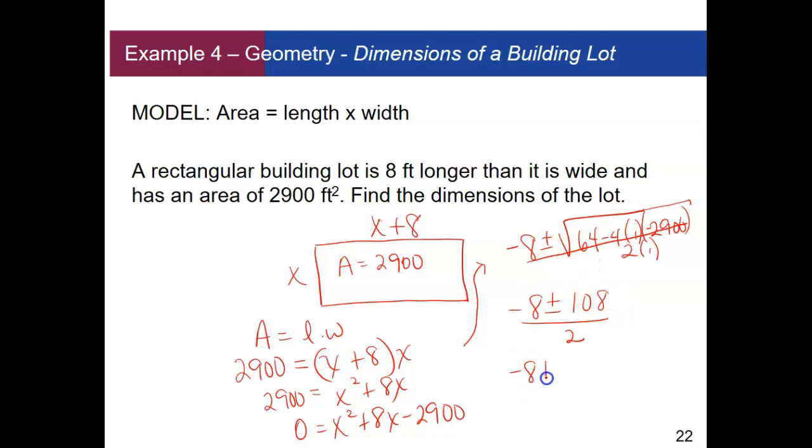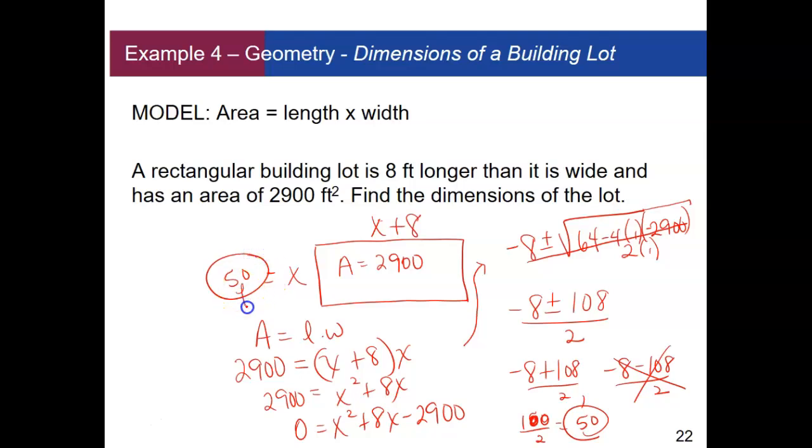So I'll have -8 plus 108 over 2 and -8 minus 108 over 2. So this is going to be 100 over 2, that's going to be 50. And this one's actually going to give me a negative, so I'm going to eliminate that right off the bat because I can't have a negative for the side of a lot. Okay, so 50 is going to be my x, 50 feet, and this is going to be 50 plus 8, which would be 58 feet.